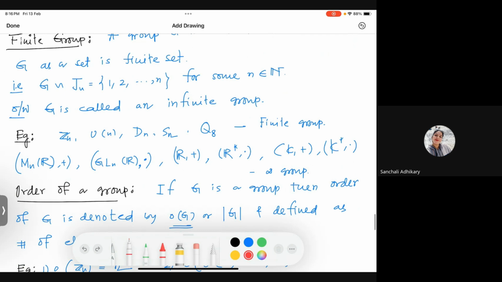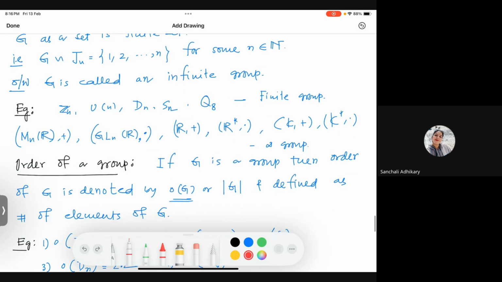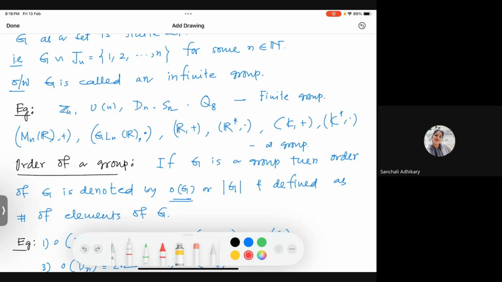So these are the examples of finite groups. Till now, you know about Zn, Un. You have no idea about Dn, Sn, Q8 till now. And these are groups of infinite order: Mn over R, GLn over R, R plus, R star.